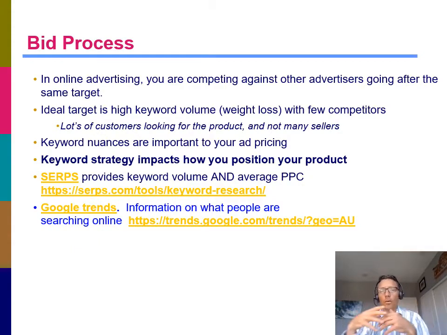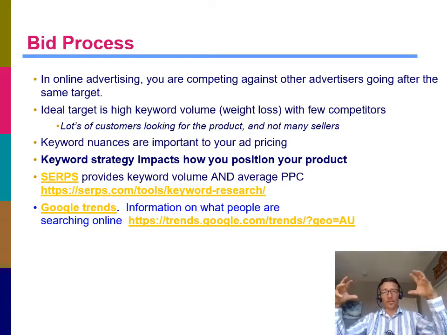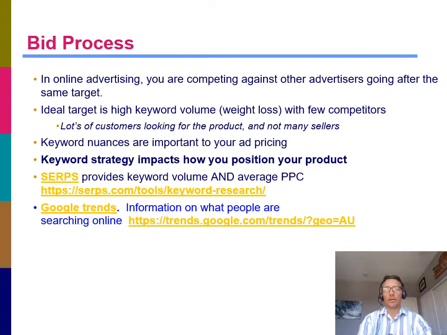So we know that when we go to bid for customers in the online environment, there's a bid process, meaning it's not just a flat fee like it is with traditional media that we were looking at in last week's lecture. So how many people are vying for that target audience at any given time and place is going to drive how low or how high the ad cost is, the cost per click or the pay per click for that target audience.